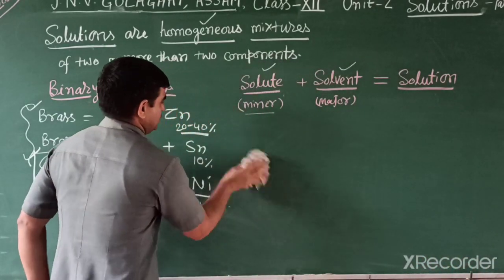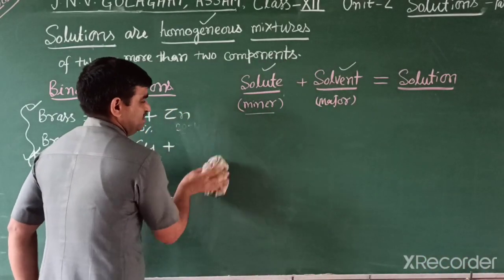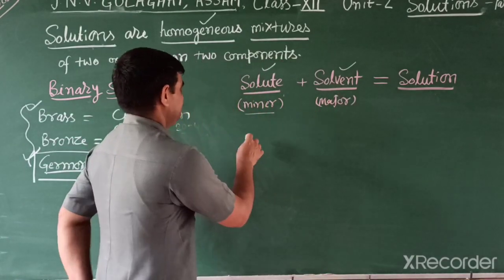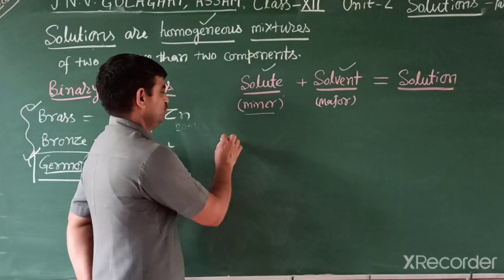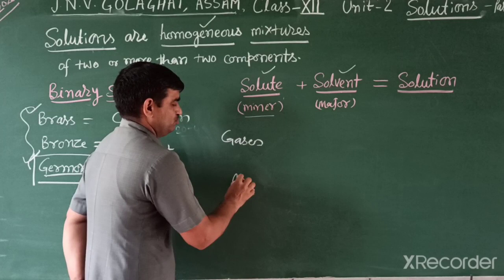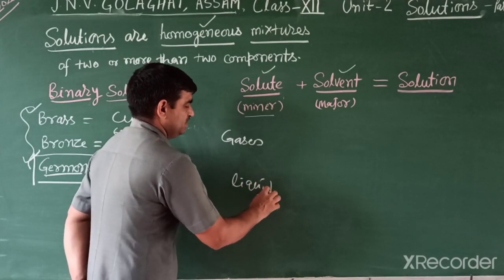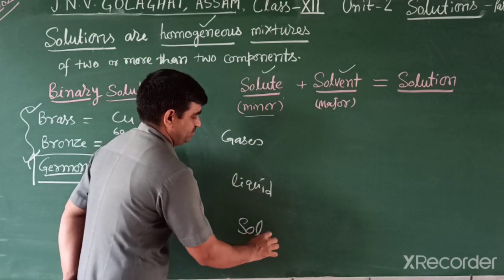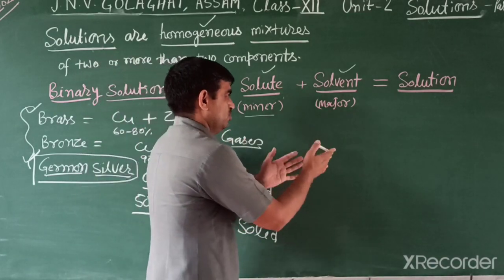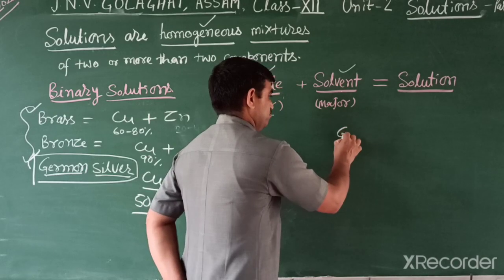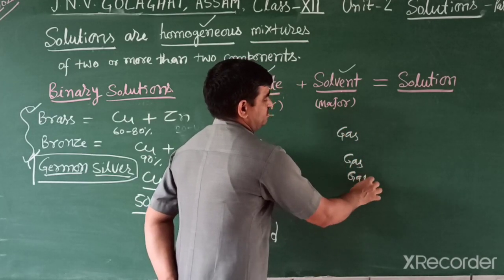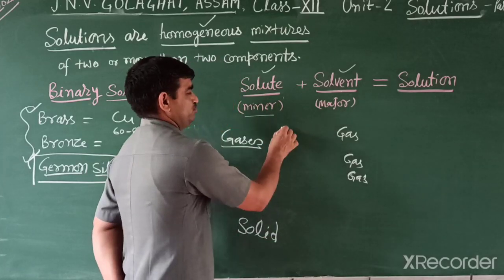As per physical state, solutions can be classified into three types: gaseous solution, liquid solution and solid solution. Gaseous means when the solvent is in gaseous form, meaning the major component is a gas, and the solute is also a gas.